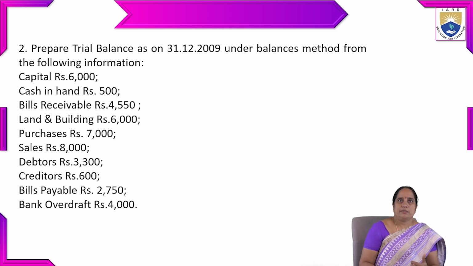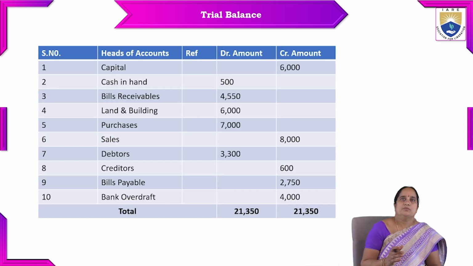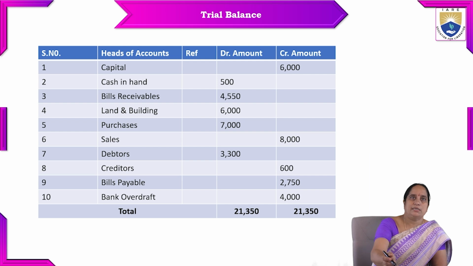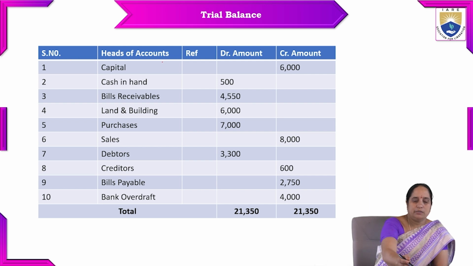So while preparing the trial balance, we should consider only real and nominal accounts. So the pro forma of trial balance will be like this. So serial number, heads of accounts, reference, debit amount and credit amount.